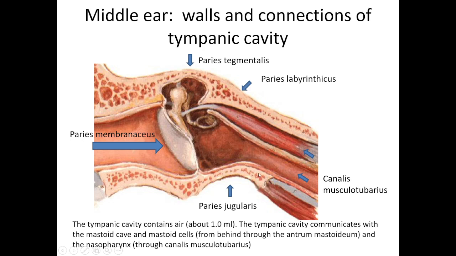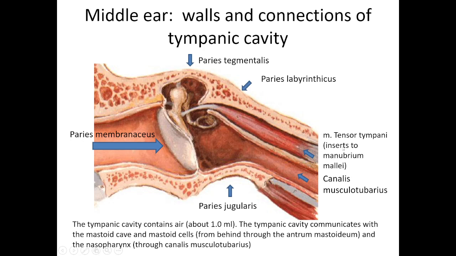Do you remember? Canalis musculotubarius. So it has two parts, pars muscularis and pars tubaria. So tuba auditiva or eustachian tube, it is one half of canalis musculotubarius, and superior half is musculus tensor tympani. That's why it's canalis musculotubarius.